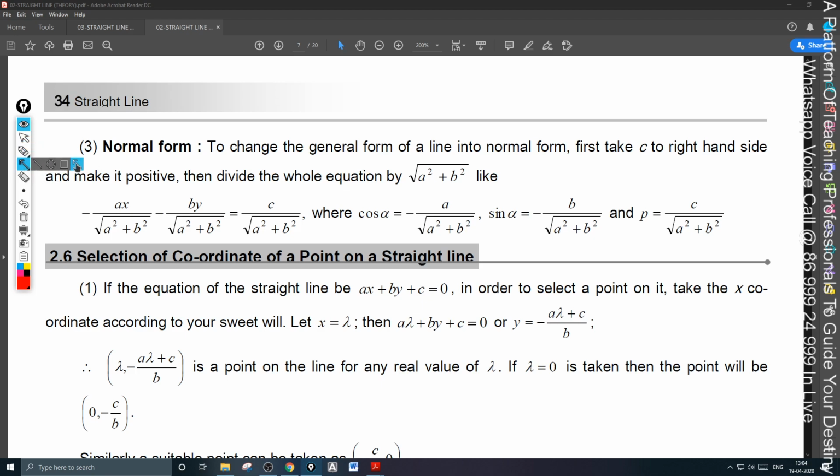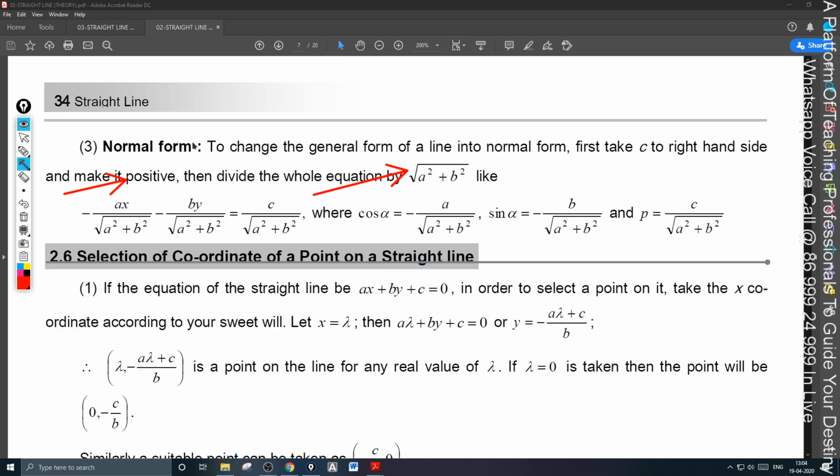Very important. Make it positive. Then divide the equation by root of a square plus b square. This is a point to be remembered. This is the conversion.